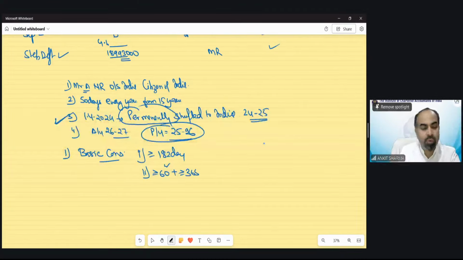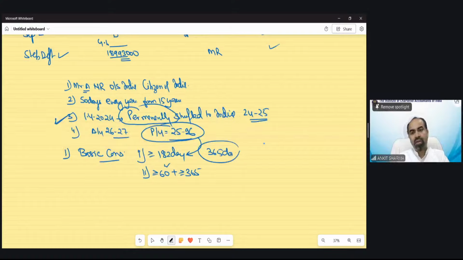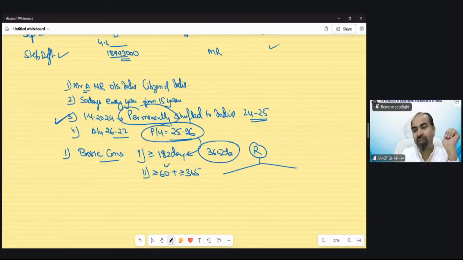You can see he is in India for the full year, 365 days. So technically he becomes resident as soon as he is in India for 182 days or more in previous year 25-26. Clear?